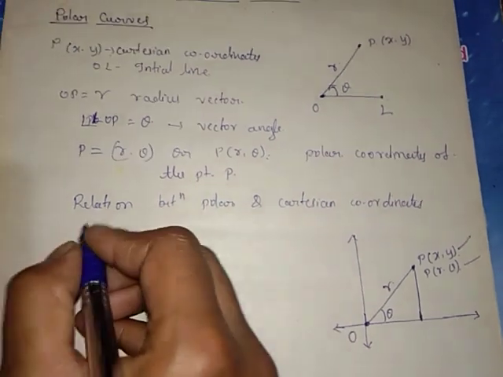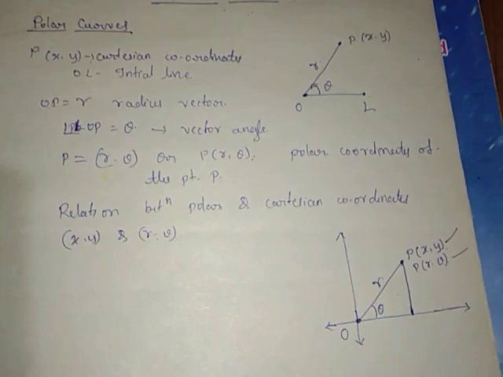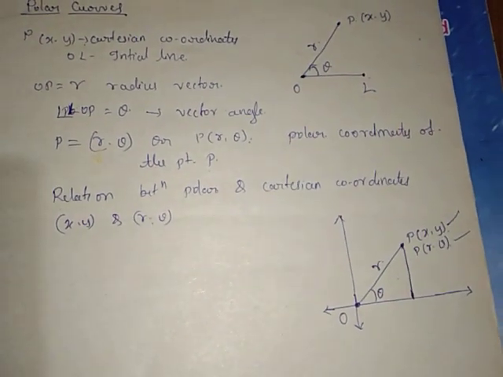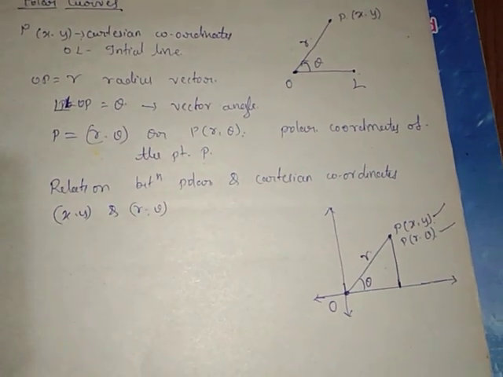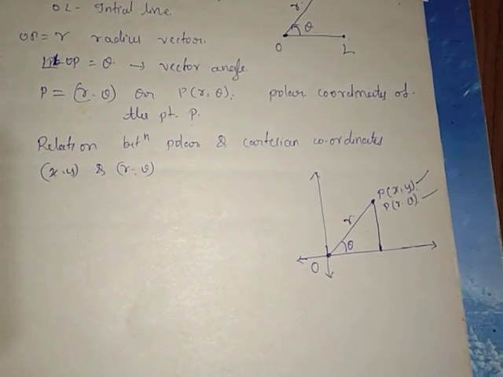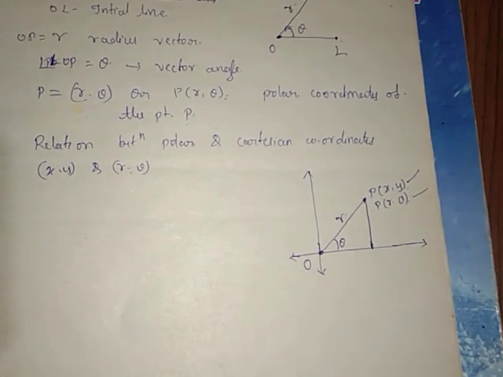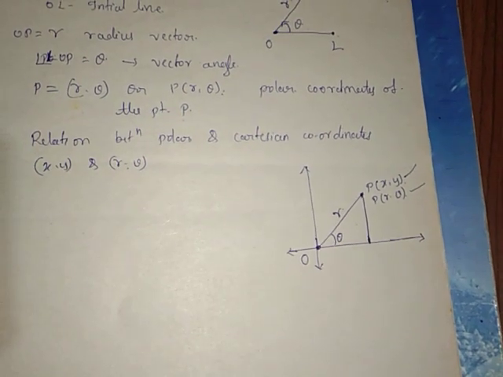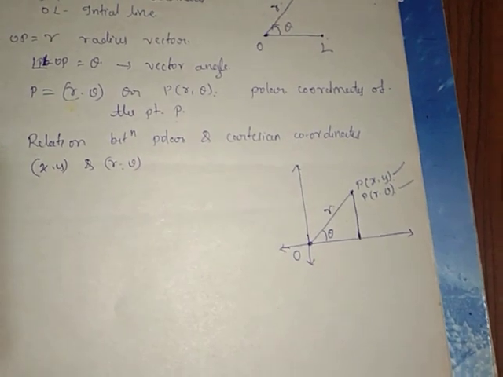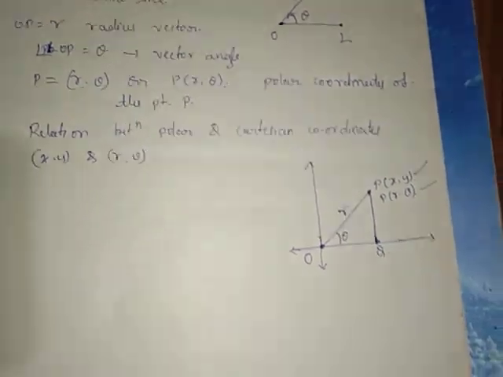Here let x comma y and r comma theta be the Cartesian and polar coordinates of the point P. So in the plane the origin O is taken as the pole, and the x-axis is taken as the initial line, and consider this point as Q here.